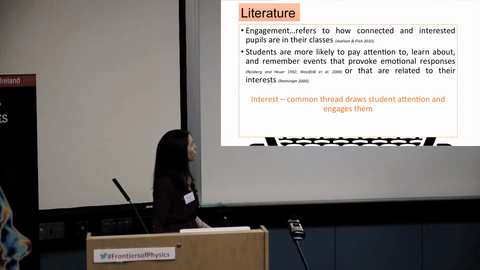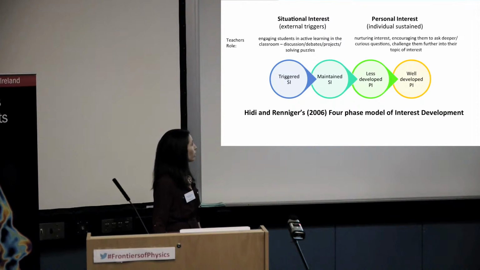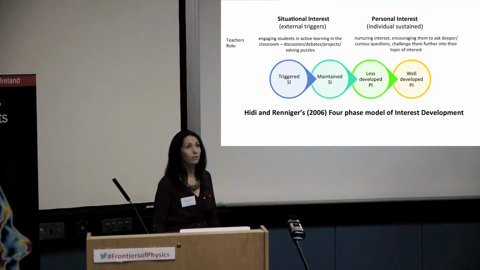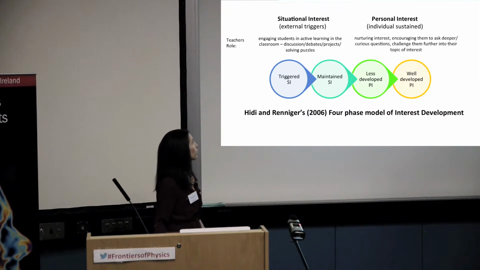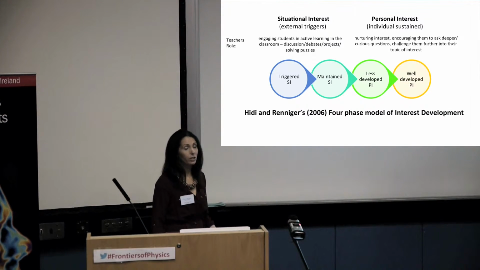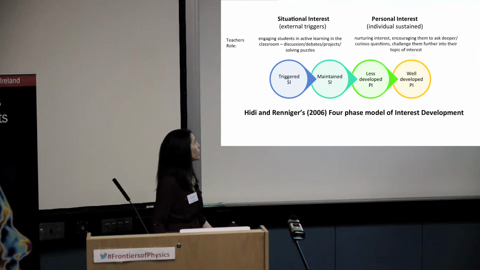So what we did was we just focused more so on the interest literature in terms of a theoretical background to our research. The model that we looked to is Hidi and Renninger's 4-phase model of interest development, which talks about situational interest and personal interest, and it gives strategies about how to move a student from situational interest towards personal interest.